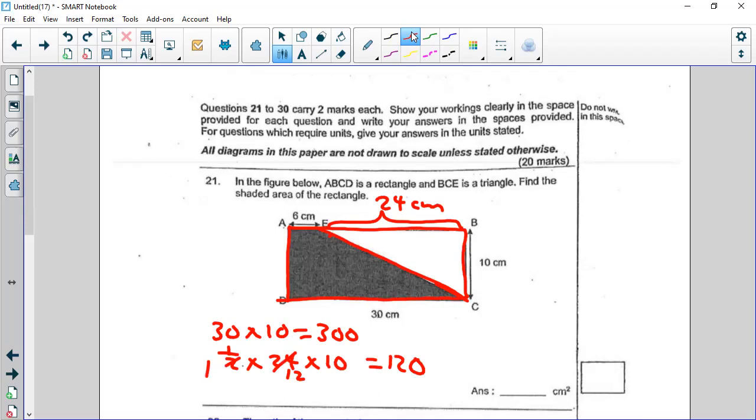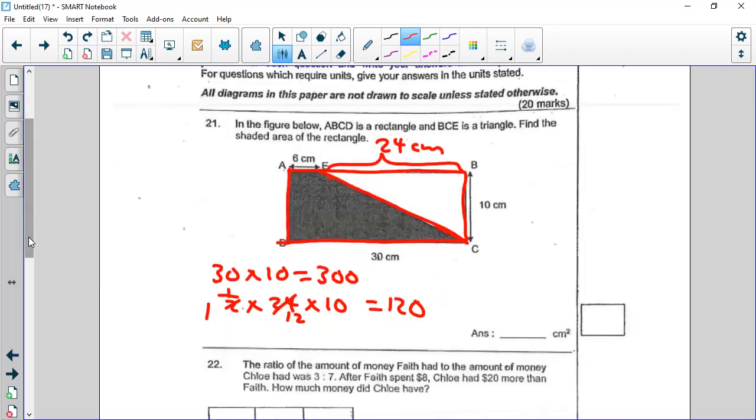So the area of the unshaded triangle is 120, and the method is what? Takeaway method. Means you take the whole area and you cut away the unshaded and you will get the shaded. So the shaded area is 180 centimeters square. Okay, takeaway method.